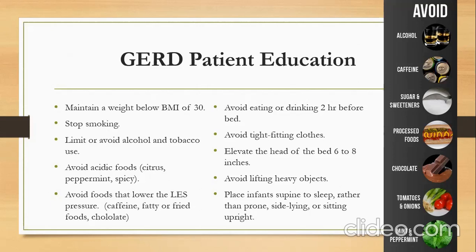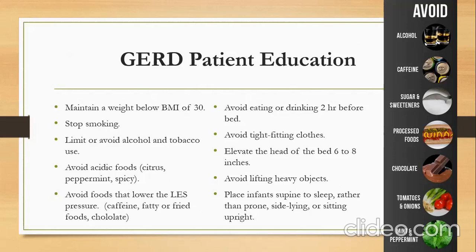Avoid acidic foods, spicy foods, common sense. Avoid foods that lower LES pressure. So that will be caffeine, fatty and fried foods, chocolate. Avoid eating before you lay down, period. Obviously, if I eat and lay down, I'm going to have probably some heartburn, even if I don't have GERD.